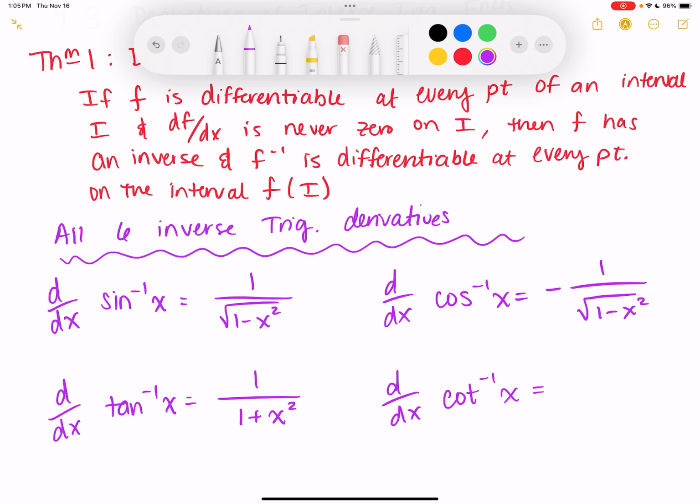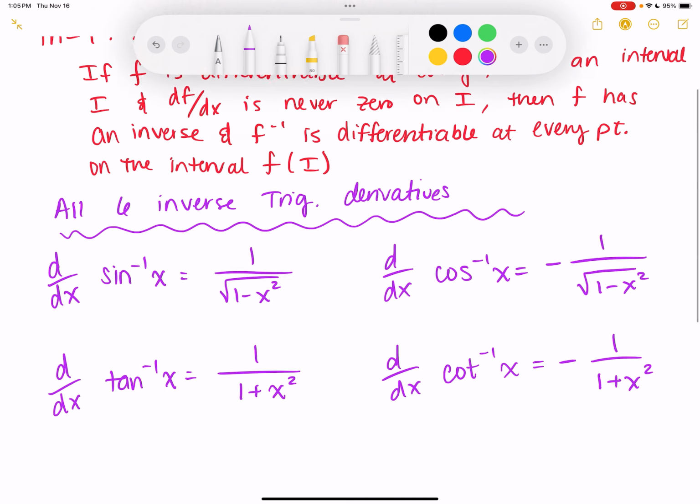But they do have a benefit. We still won't use them very often, but it is negative 1 over 1 plus x squared. I'm seeing a pattern.